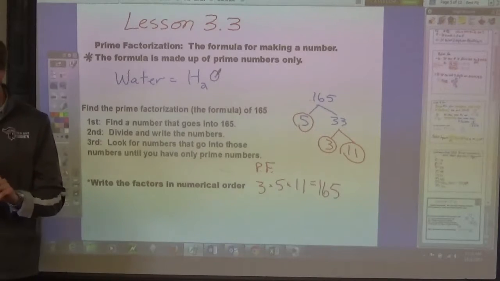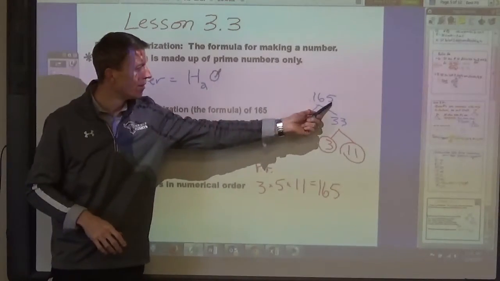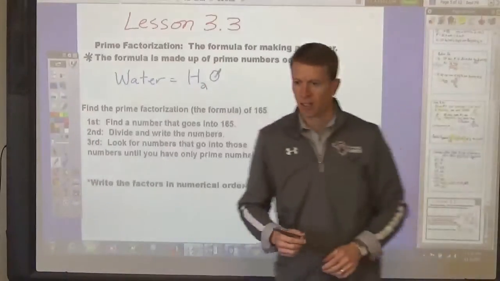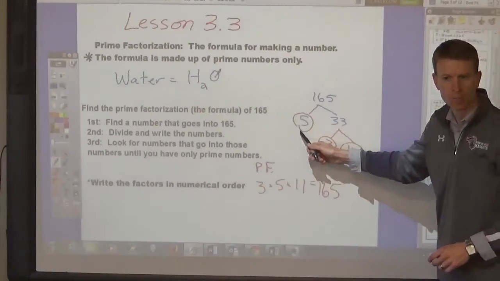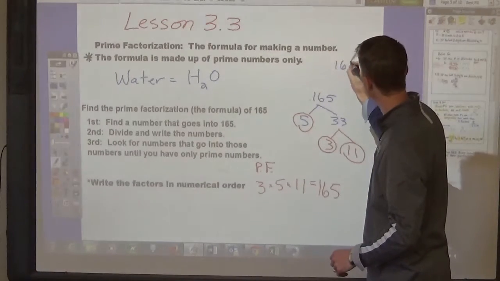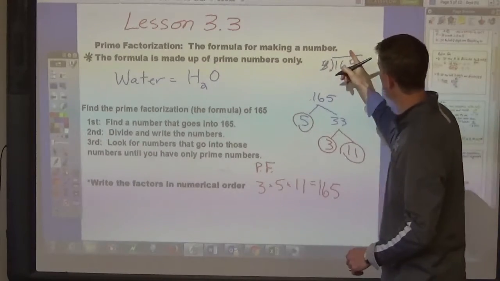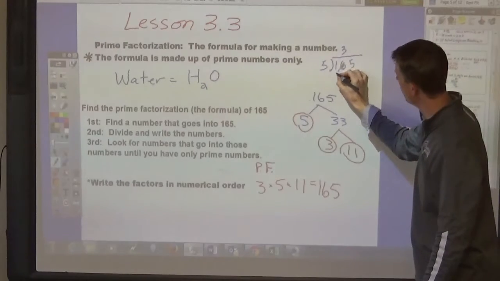If the sum of the digits is divisible by 3, then divide it by 3 and see what you get. If it ends in a 5, then divide it by 5 and see what you get. So we know 165 is divisible by 5. So you would do 165 divided by 5. Find the answer. It's 33, isn't it?